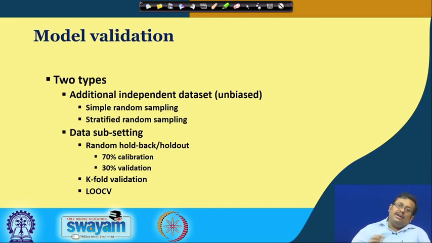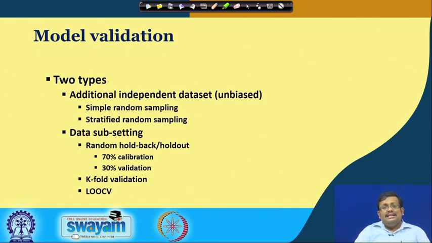You create one model and then draw a random sample or independent data set, which is unbiased, and you use this independent data set to judge the accuracy of your calibration model. So, this is the first way, and this is the most important way.